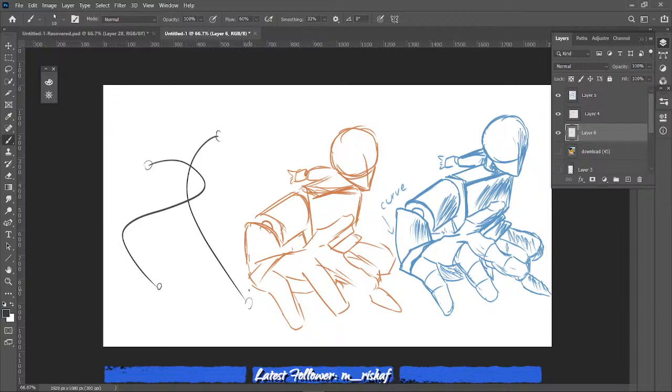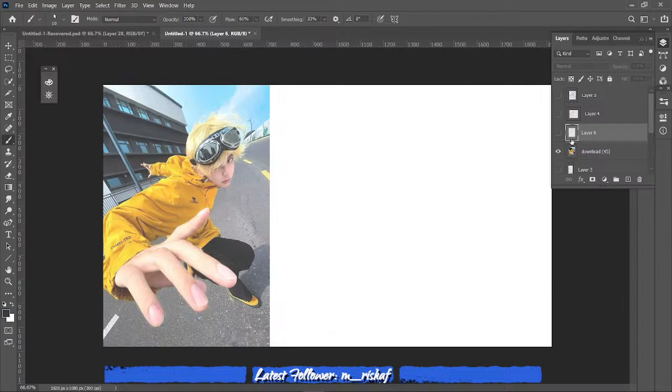And there is another interesting fact that I learned recently from Ross Draws. If you are going to pick a reference, you should pick something that is more eye-catching. And if you look at my reference, this is why triangles are important in perspective drawing and also in composition.